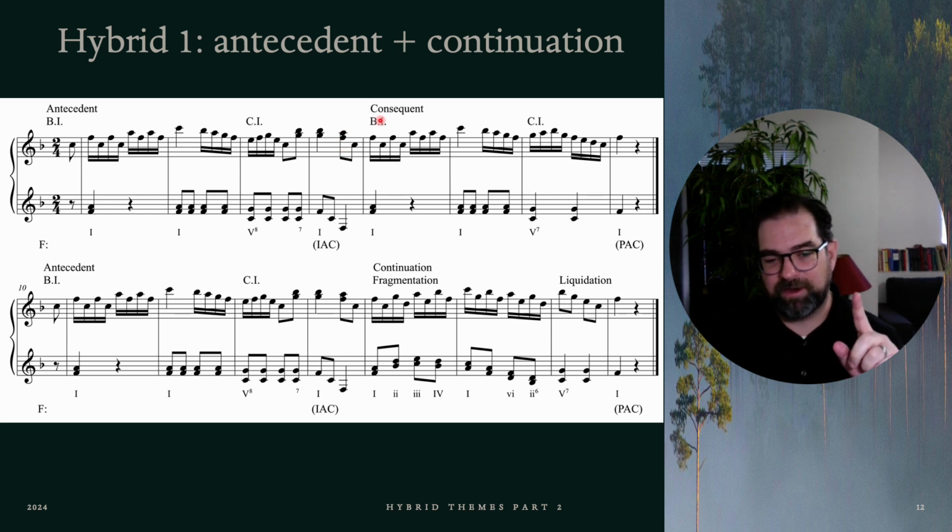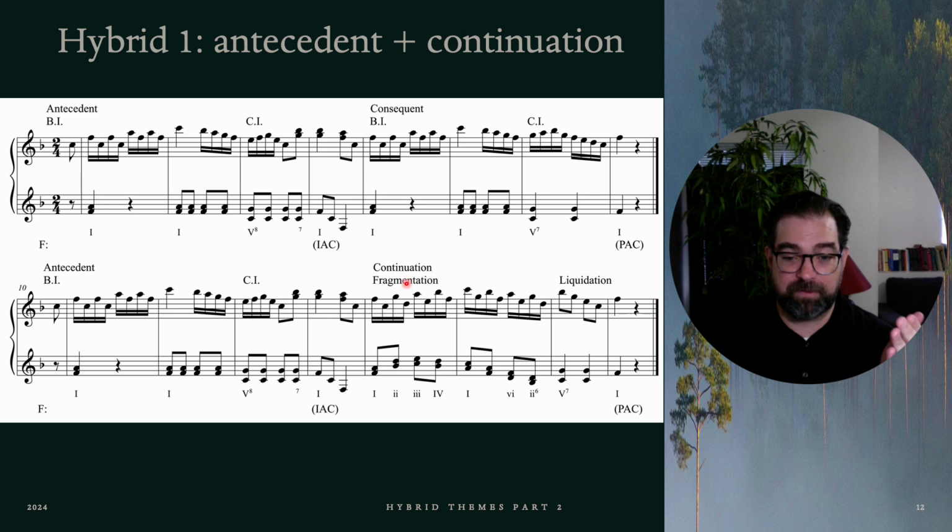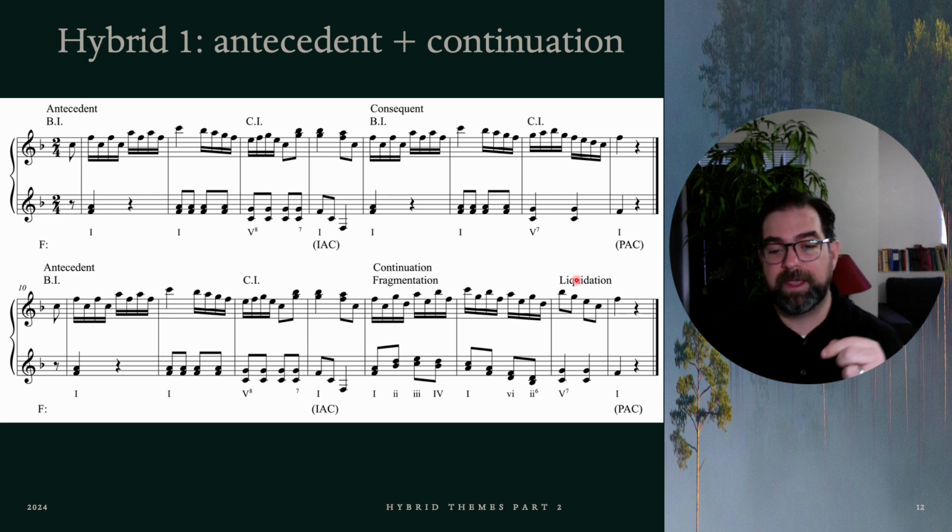What changes here is now, instead of going on to a consequent where we repeat the antecedent, essentially, we use continuation function. So we're going to have fragmentation here and liquidation here. So again, what I did was I liquidated the material in this measure. So it resembles the sentence structure version that I already created.